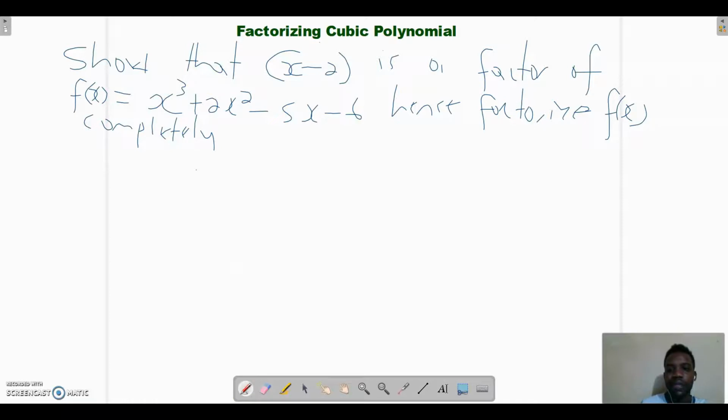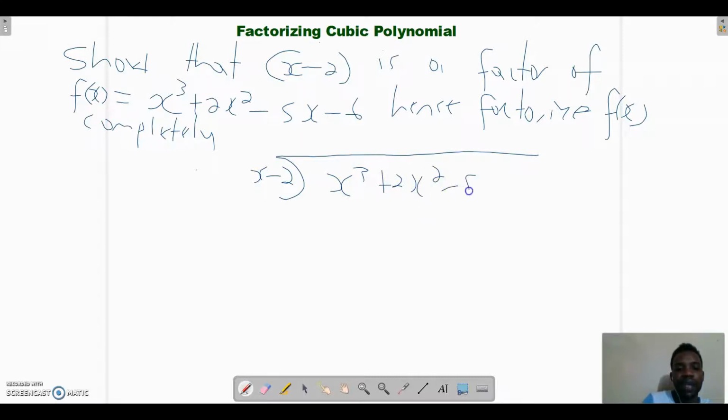So we have one factor, which is x minus 2. That is my divisor. I'm going to be doing this the traditional method. x minus 2 into my dividend, which is x cubed plus 2x squared minus 5x minus 6.